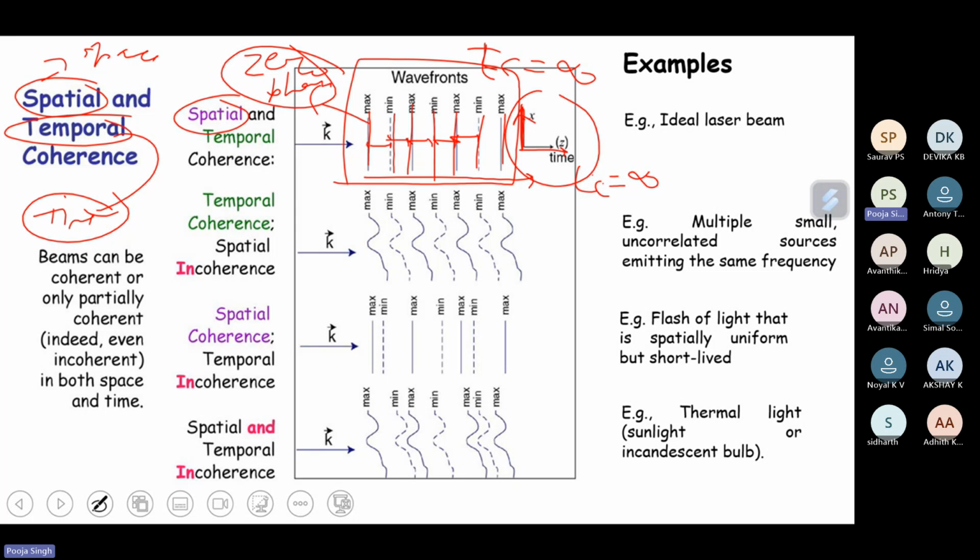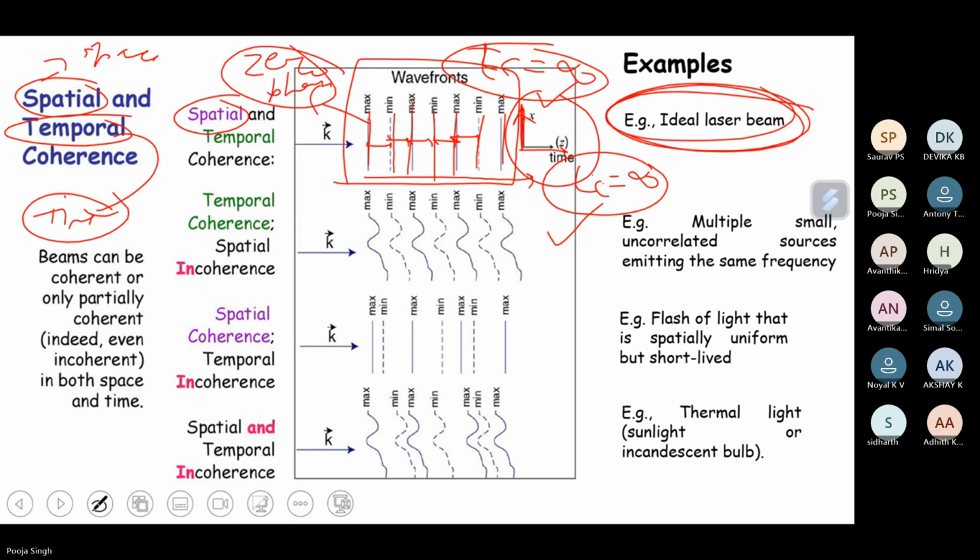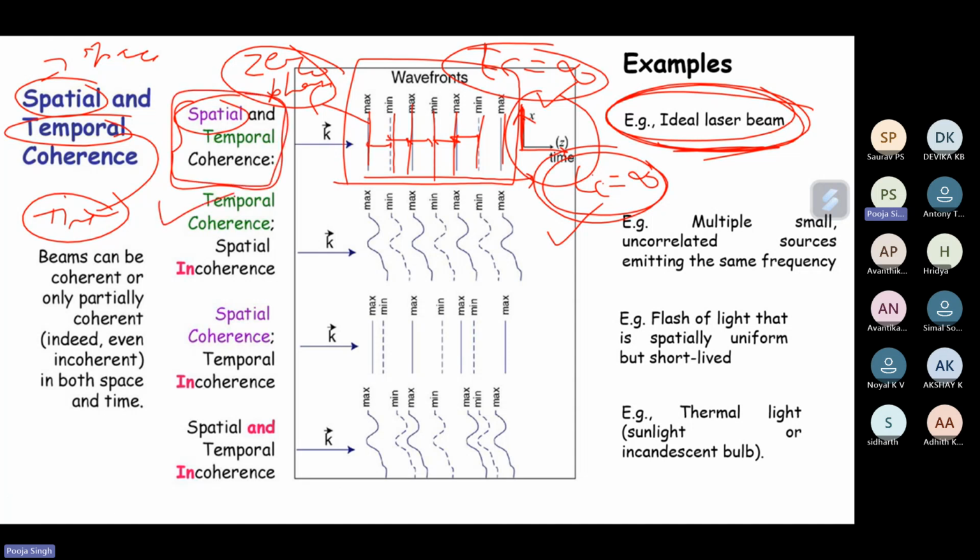This is where we obtain infinite coherence length and time, when we are using the ideal laser beam. With the ideal laser beam, we get infinite temporal coherence and coherence length, and spatial and temporal are both coherent. Next figure, I will delete this one. I think it will be easy for you.